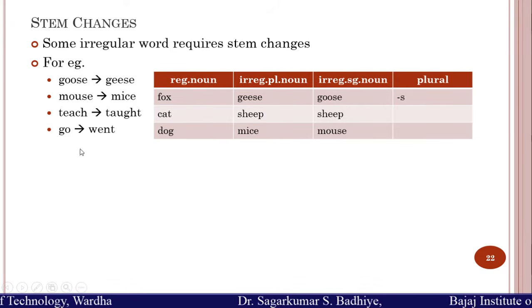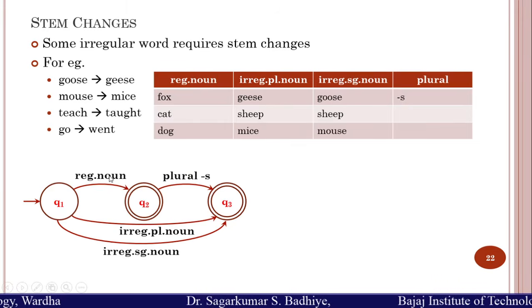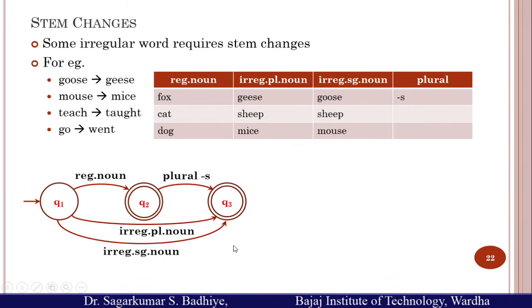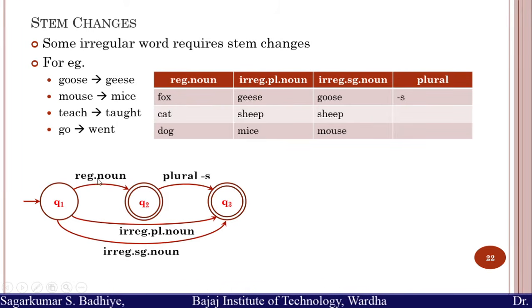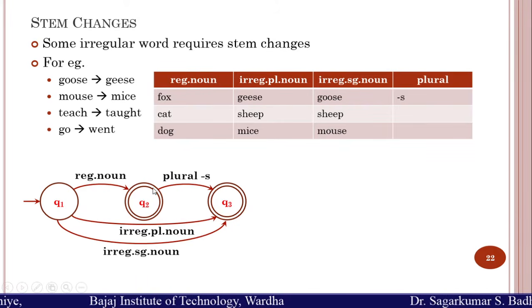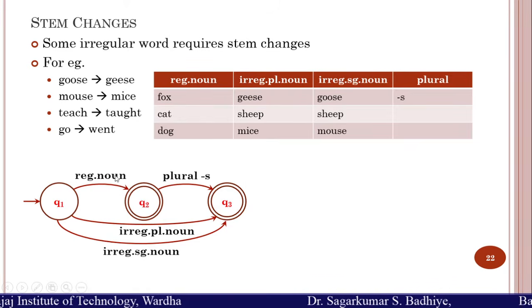These are the examples we have seen, right? So this can be represented by a finite automata like this, a generalized finite automata for accepting these stem changes or the general words. If it is regular, simply go to q1, and then from there you read an s or es and reach a final state, or simply accept the regular word by reaching a final state.